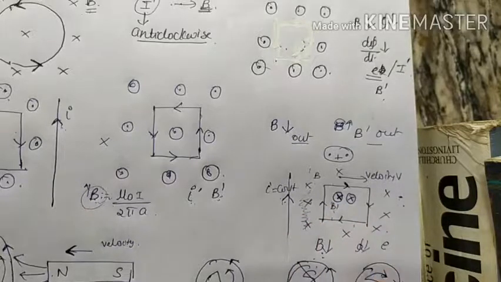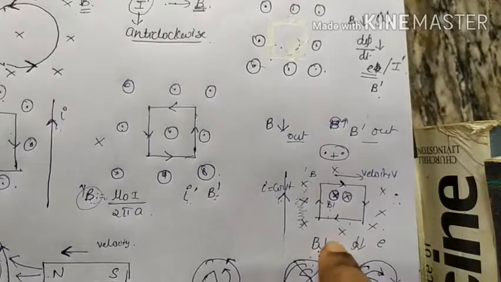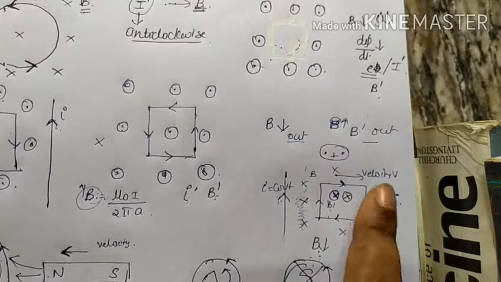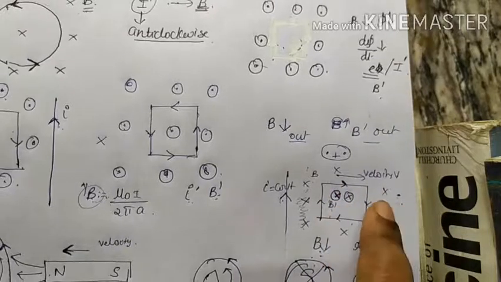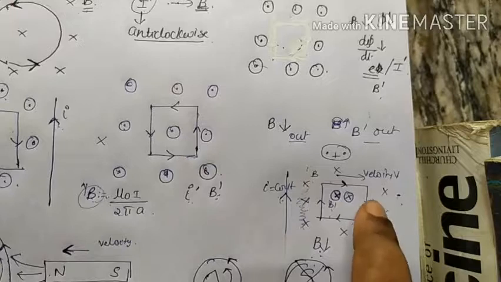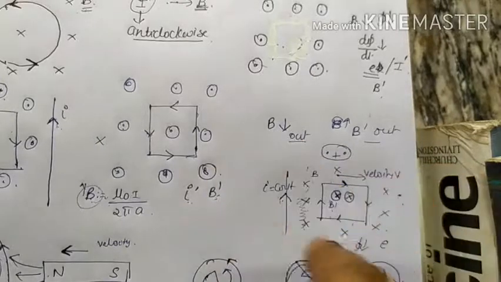Now the magnetic field will be what? Decreasing. Magnetic field decreasing means the magnetic field due to the induced current should cause it to increase. Causing it to increase means the magnetic field B dash should also be in which direction? It also should be in inward direction. So that means it should be in clockwise direction, which is the current's direction.